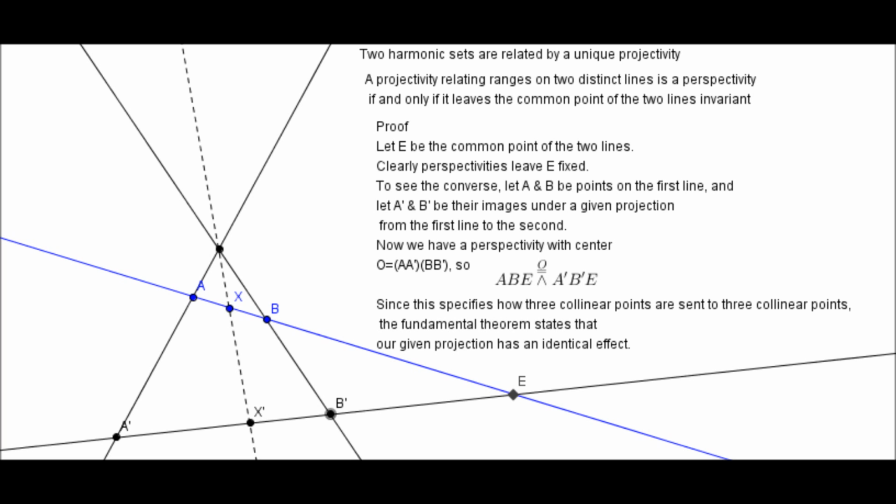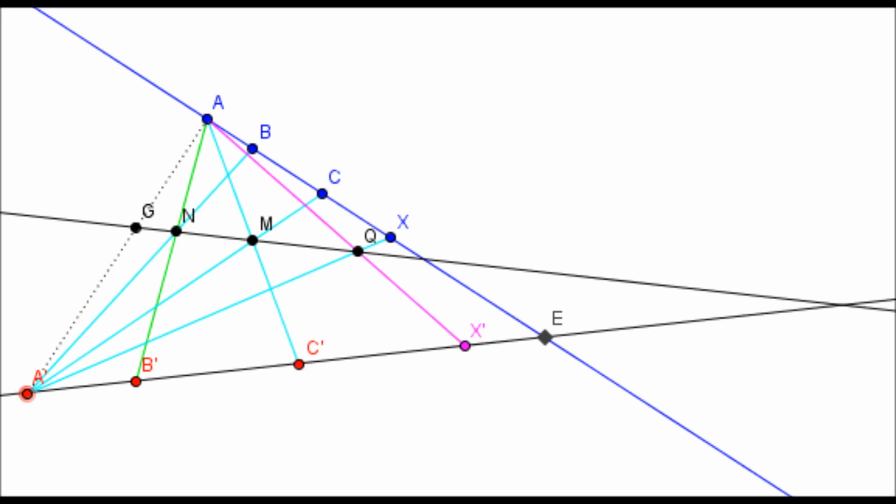So basically that means that there's only one projectivity that can do this, and in fact we can create a perspectivity that does this just by linking the line AA' with the line BB'. So we found a perspectivity that does it, which is a kind of projectivity, and we know that there's only one projectivity that does it. So it must be a perspectivity that does this transformation.